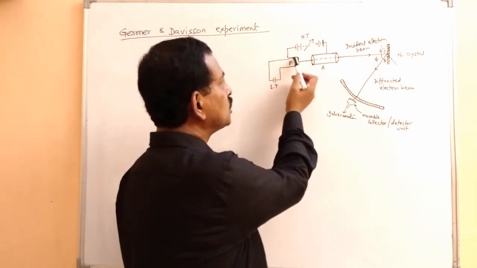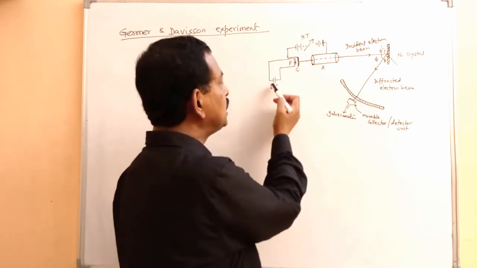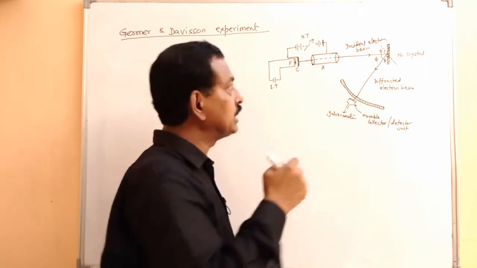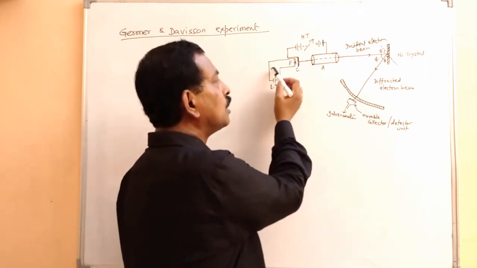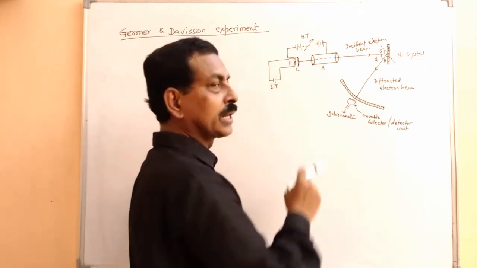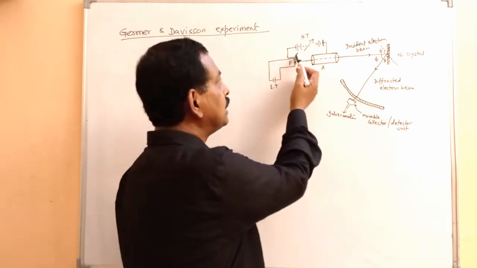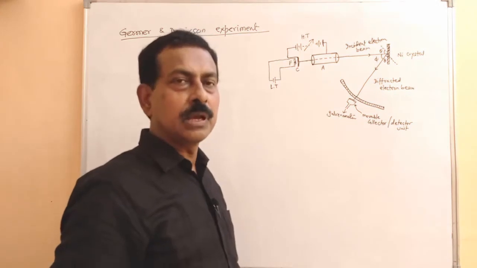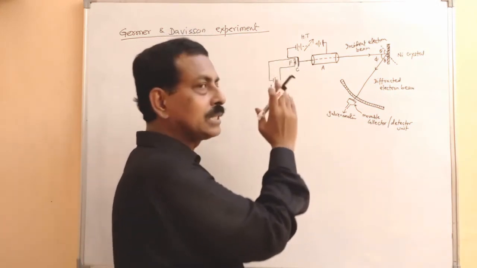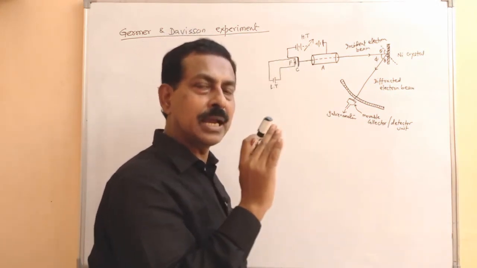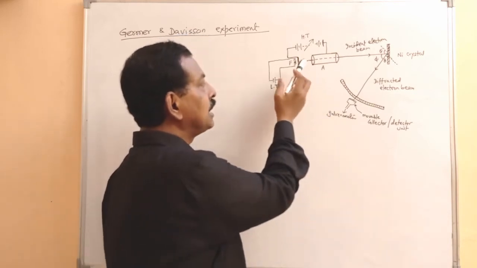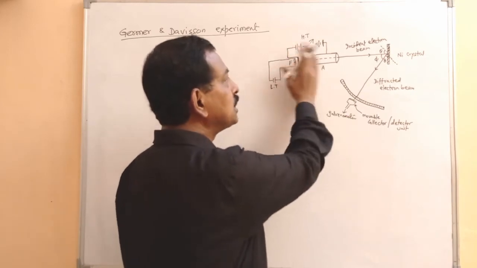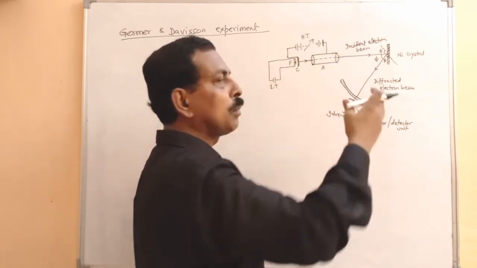There is a small filament which is heated with low tension, that means small batteries or a small voltage with which we can pass electric current. The filament will get heated, and there is a cathode, which is one more plate. Once the filament is heated, electrons get emitted, and if nothing else is there, they will move in all possible directions.